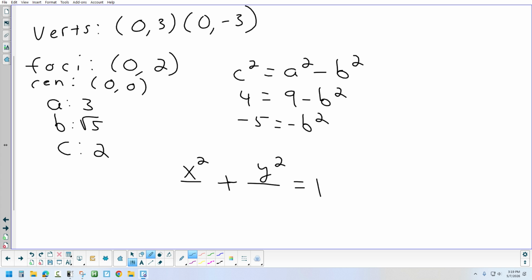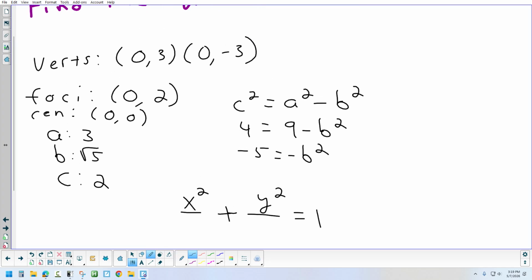Now we need to decide between a squared and b squared and which one is going to go in which denominator. So how can we figure out whether we put a squared first or second? Well, the bigger number is going to tell you something, but we have to figure something out first. Where the vertices and the foci line up. Yep, so we have to see where all the vertices and the foci line up.